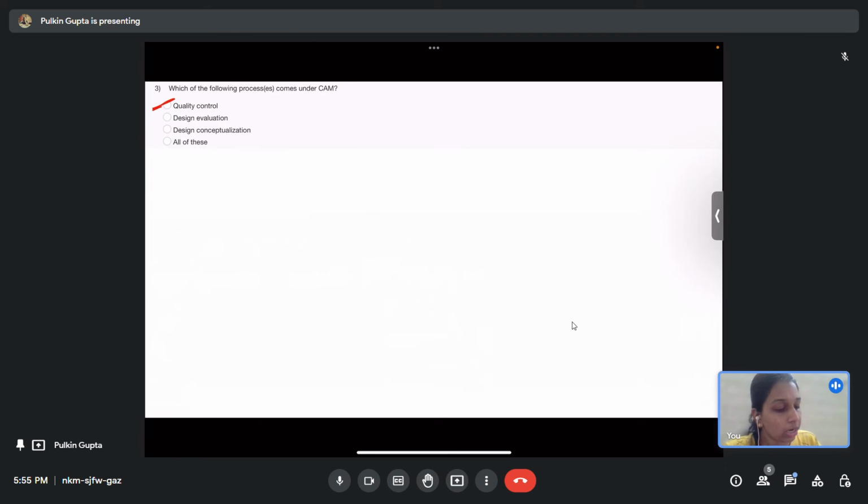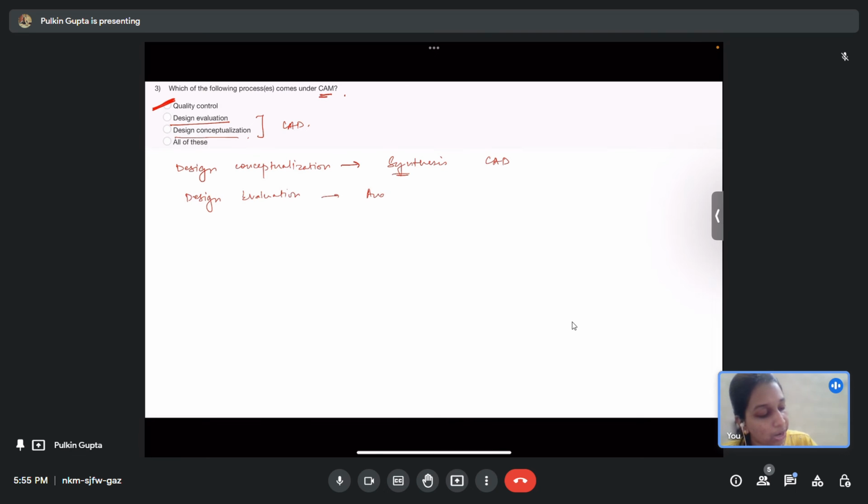Quality control comes under CAM, but design evaluation and design conceptualization are part of CAD. Design conceptualization comes under the synthesis subpart of CAD, and design evaluation comes under the analysis part of CAD.